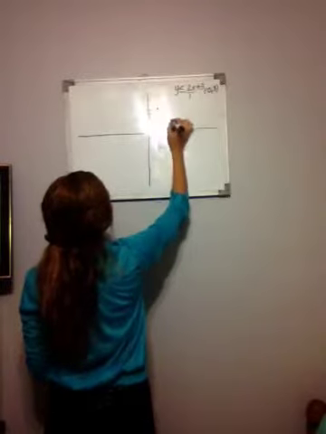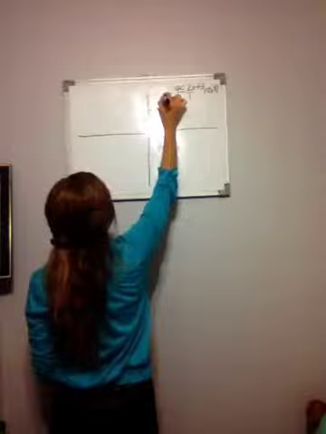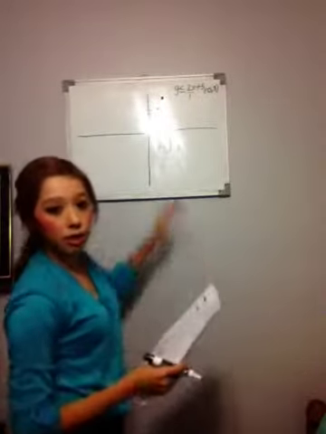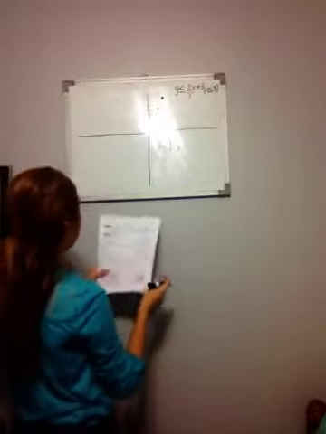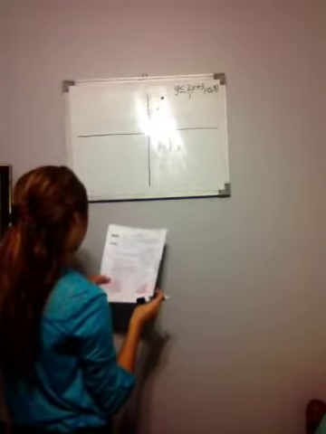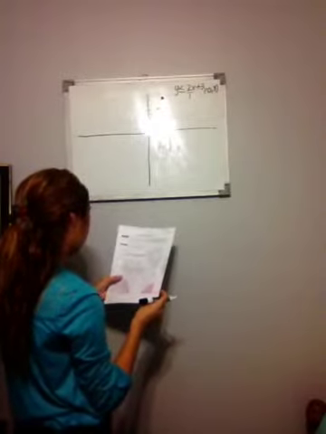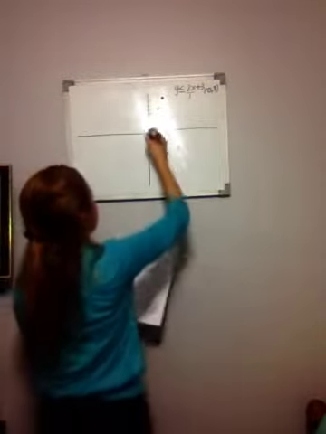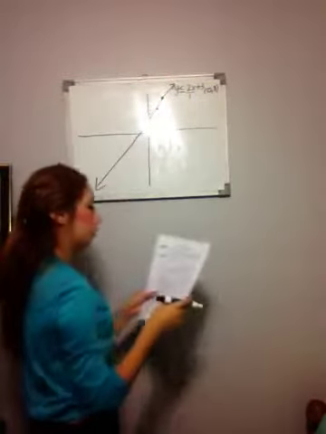Up 2, 1 to the right, that's your next point. And you can now make a line with that. There you go.